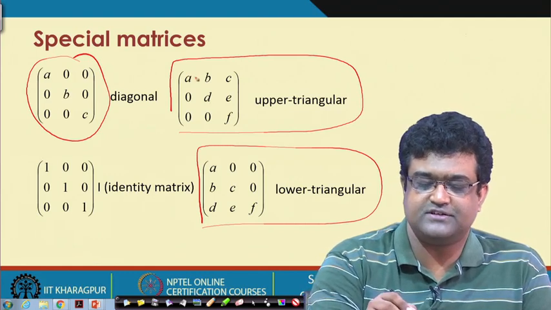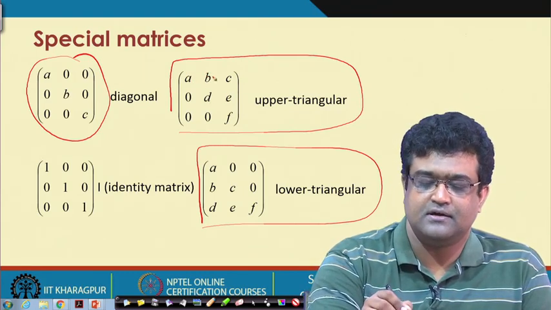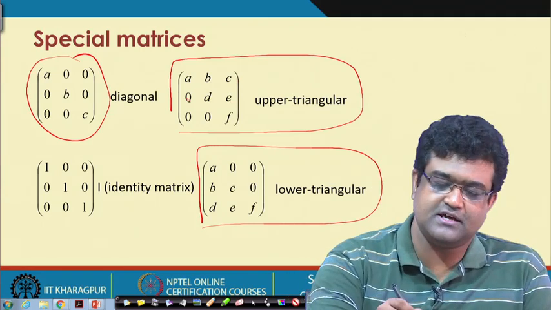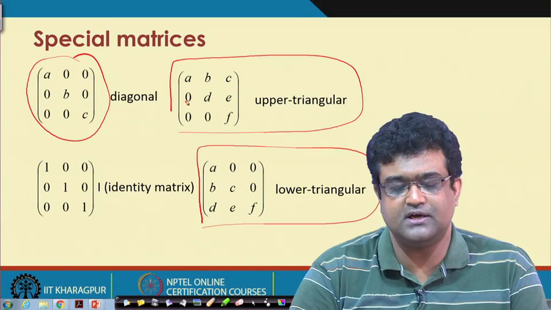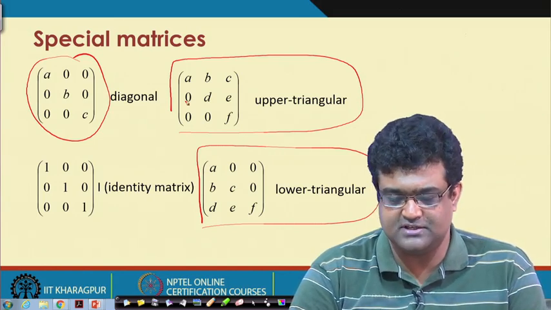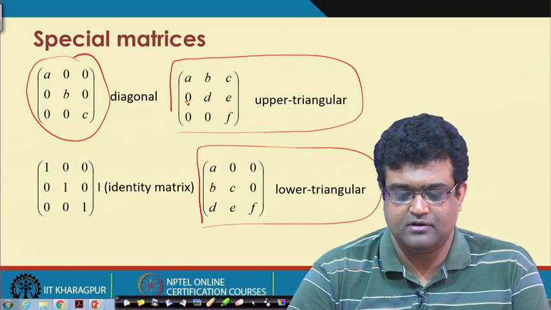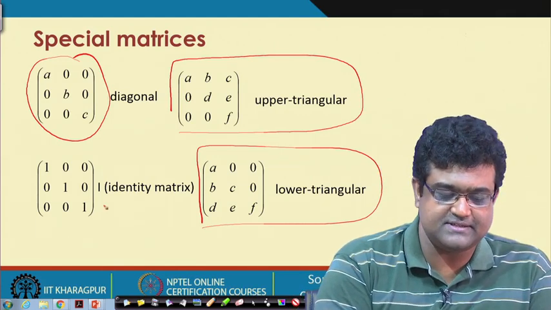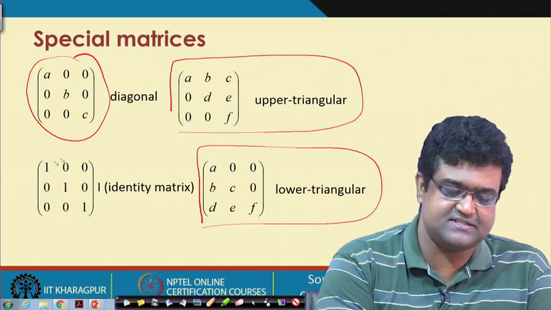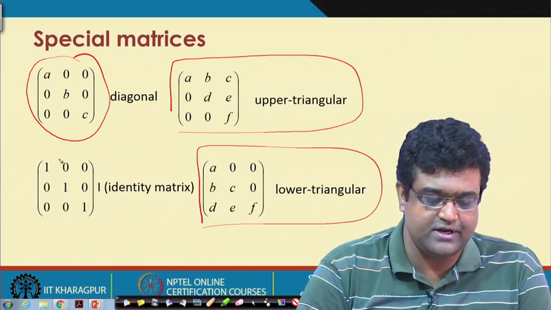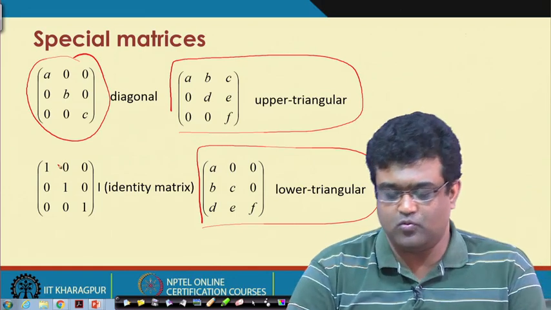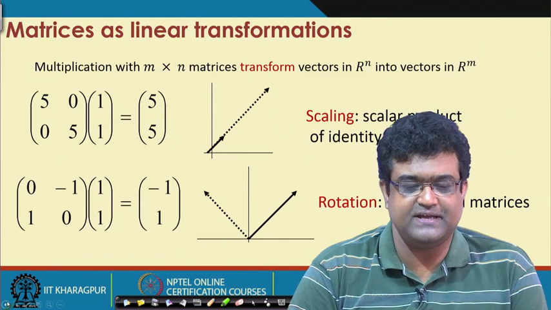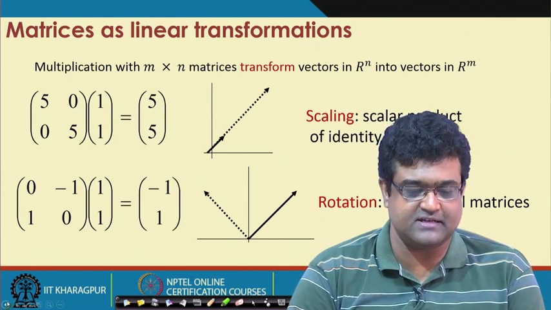In the upper triangular matrix, only the entries upwards of the diagonal are non-zero, all the entries below the diagonal are zero, and vice versa. Another important matrix is the identity matrix, which is the matrix of all 0 entries and ones only in the diagonal positions. Next, we discuss matrices as linear transformations.